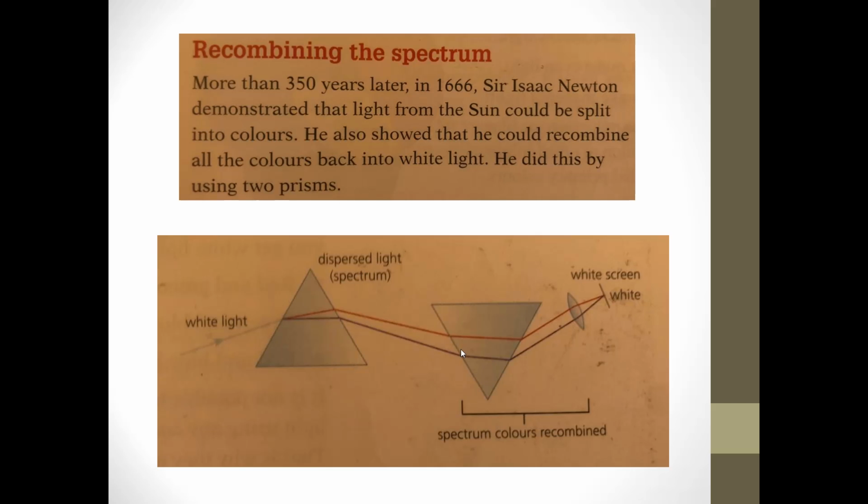He also showed that he could recombine all the colors back into white light. He did this by using two prisms in opposite directions. If you use two prisms in opposite directions, you can combine the colors to form white light.